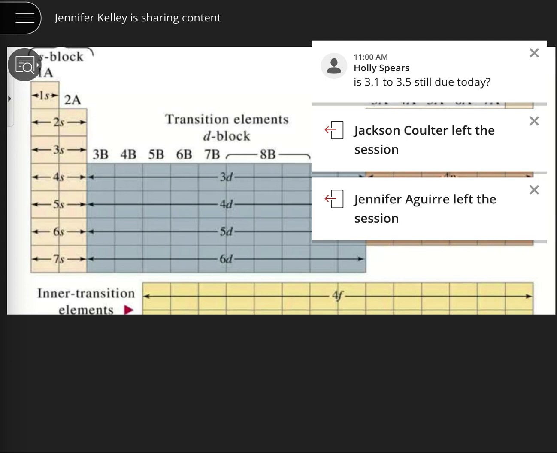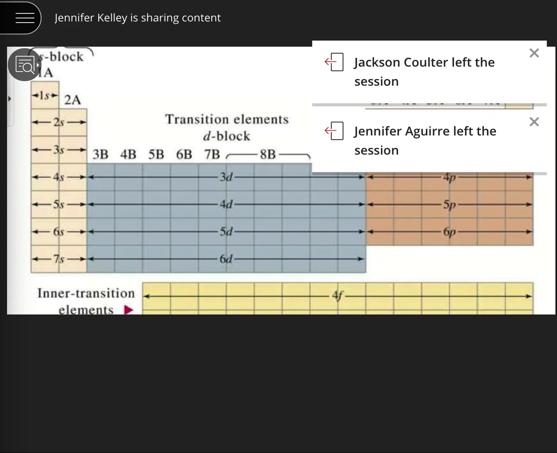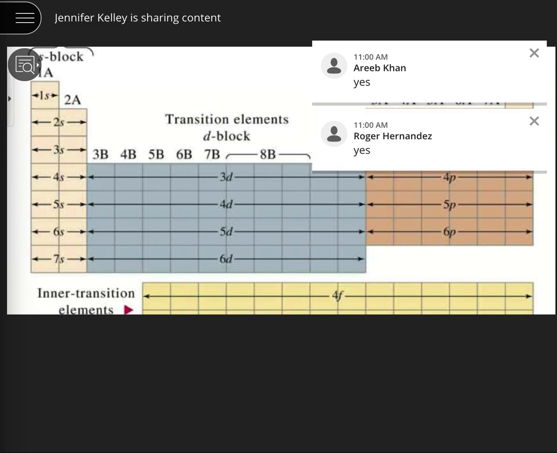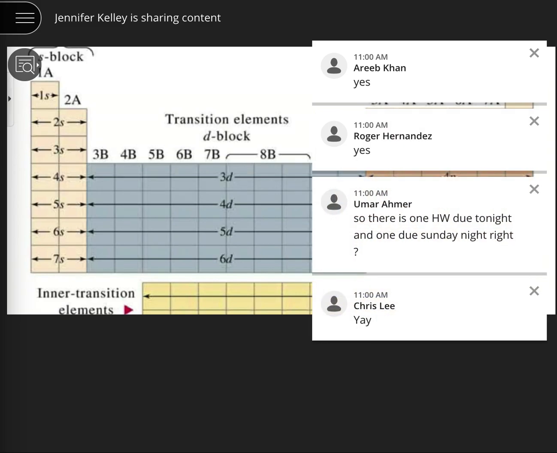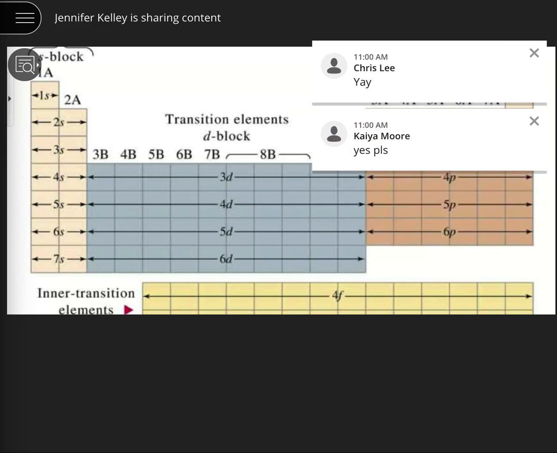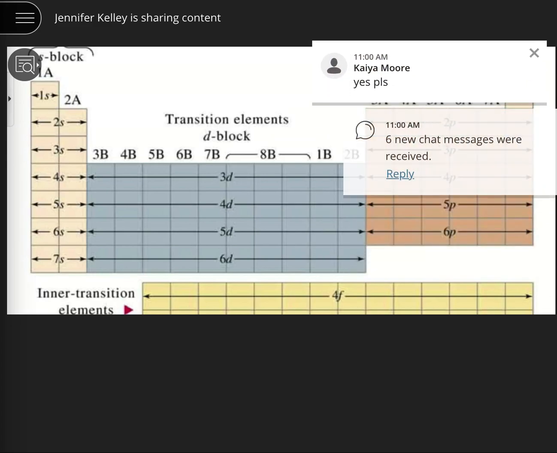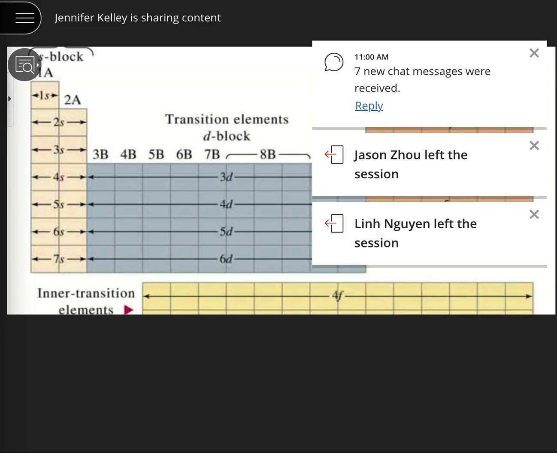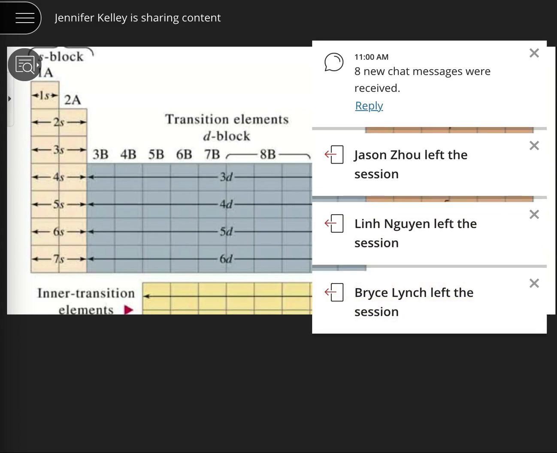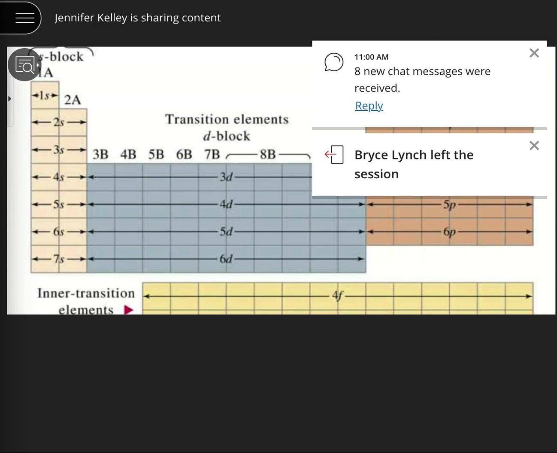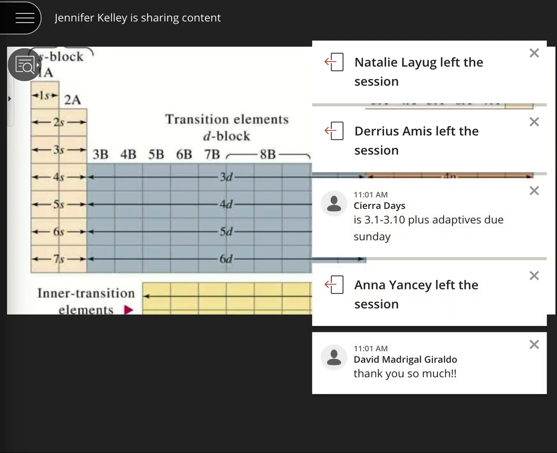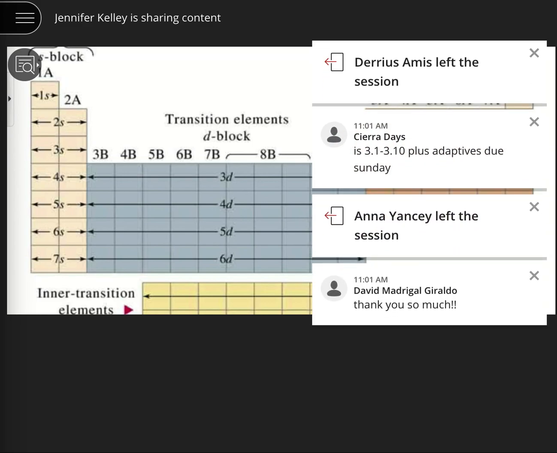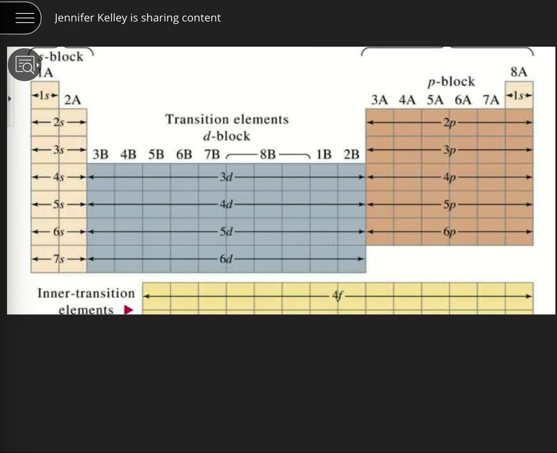Do you want a little more time? How about I make that due on Sunday? Okay, that way I can get the lectures up, and then you can view them and figure out how to do the homework. You will be given a periodic table on the test. So Umar, I'm going to move the homework that's due tonight, make that due on Sunday, and the stuff that was due Sunday, I'm going to make it due Tuesday.